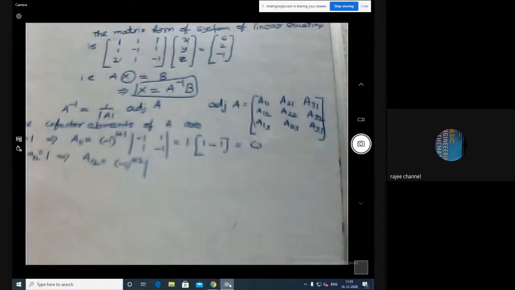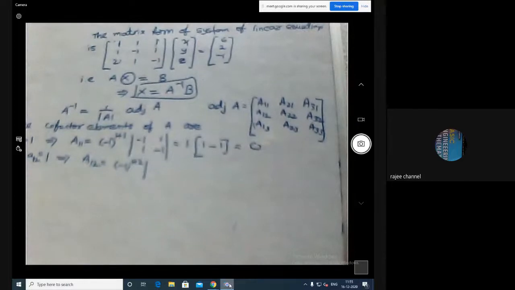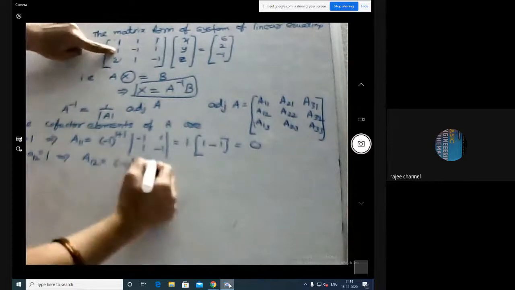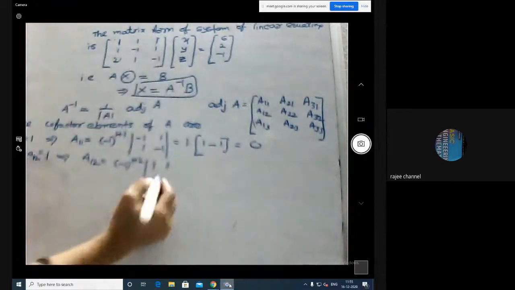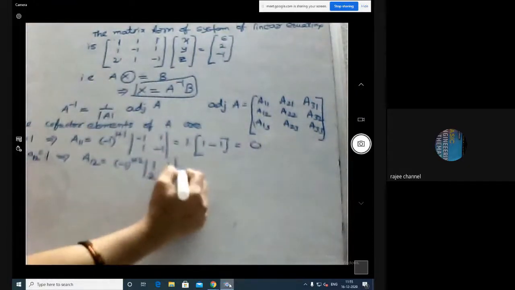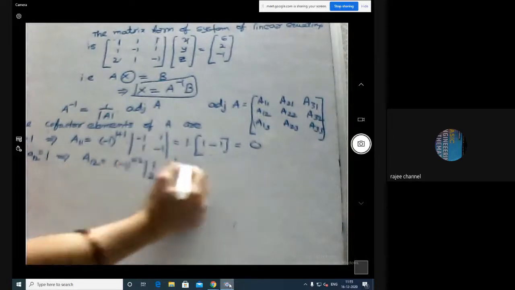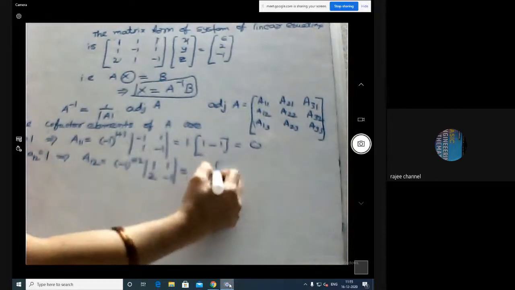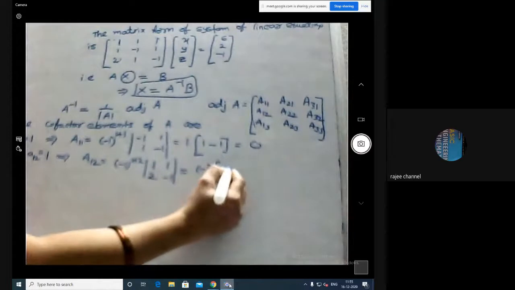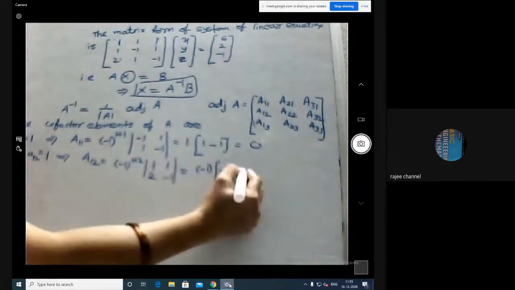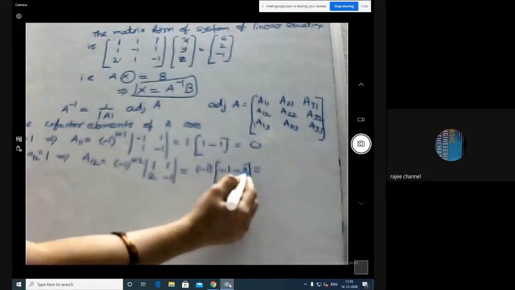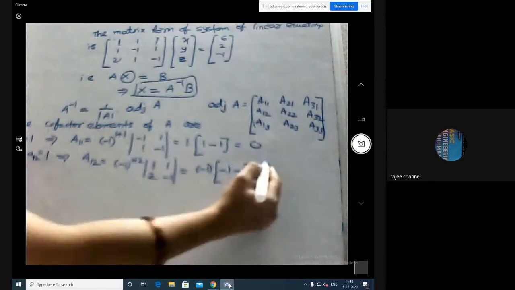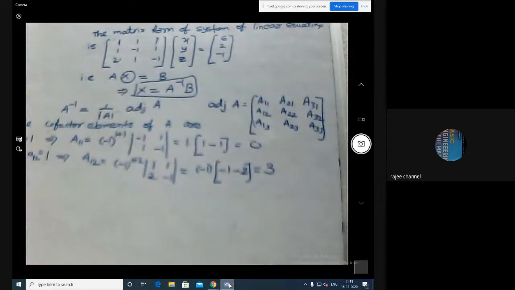The remaining elements give the determinant 1, 1, 2, -1. Okay. -1 whole power 3 is -1. And this value: 1 into -1 is -1, minus 1 into 2 is 2, so -3, and -3 into -1 gives 3. So that value is equal to 3.